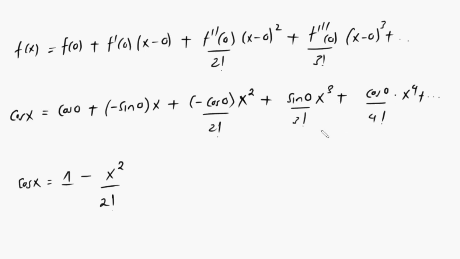Cos 0 is 1, so 1 times x power 4 is x power 4, this time plus x power 4 over 4 factorial, and so on, right? So this is cos x. So the Taylor series of cos x is: we have found 1 minus x squared over 2 factorial plus x power 4 over 4 factorial and so on.